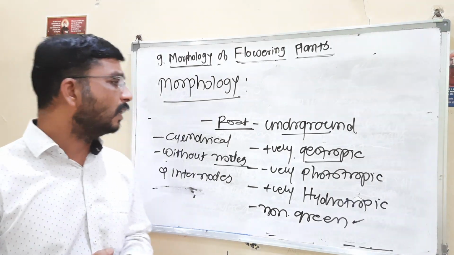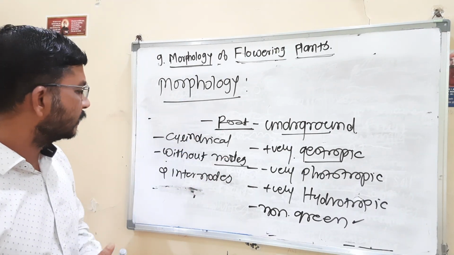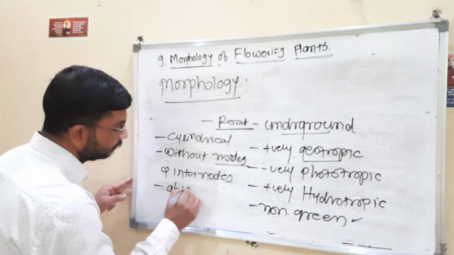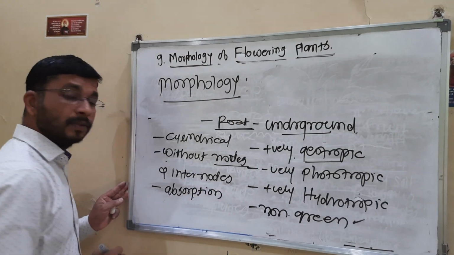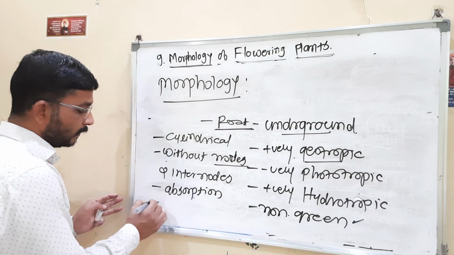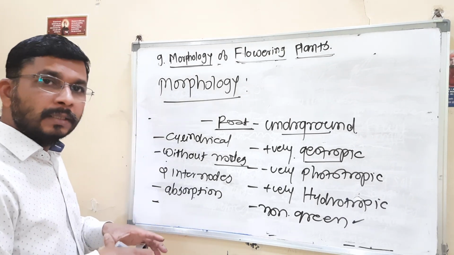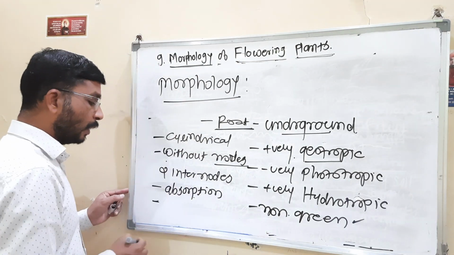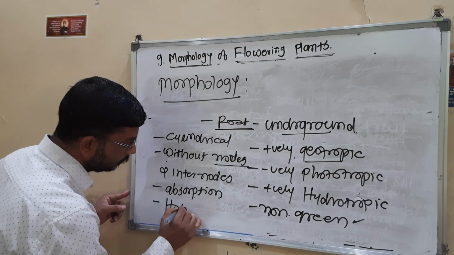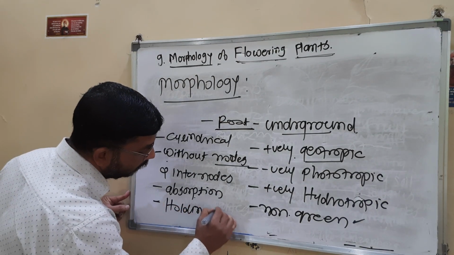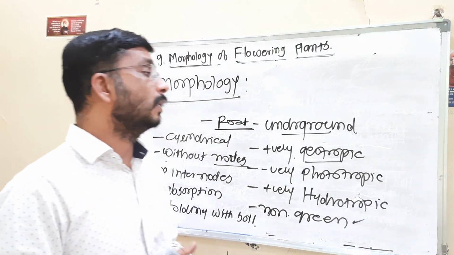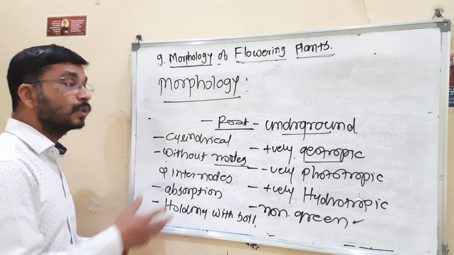The functions are absorption of water and minerals. The second function is to hold the whole plant with the soil surface, so that the aerial portion of the plant stands erect.